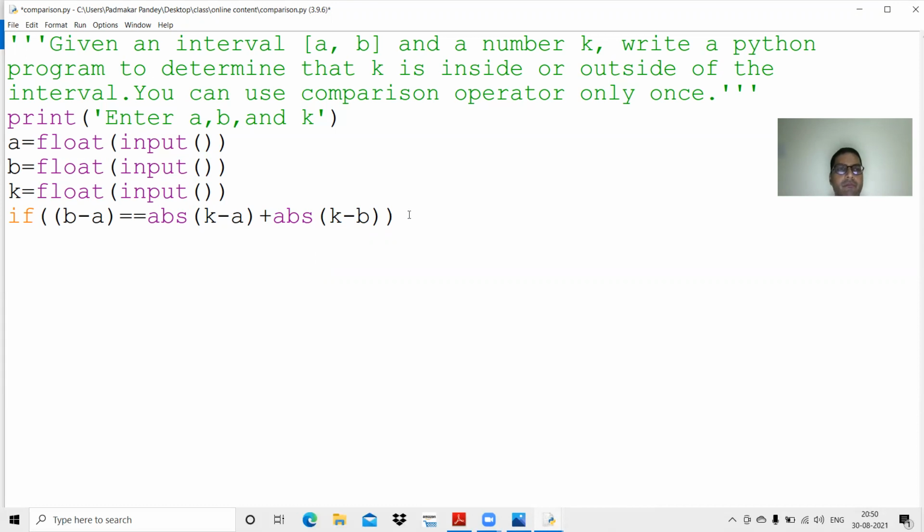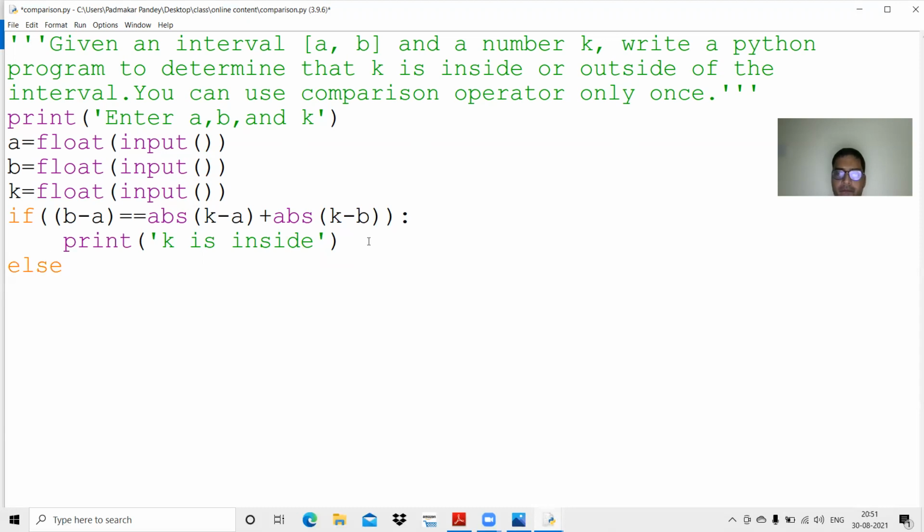So if B minus A is equal to K minus A plus K minus B, print K is inside.